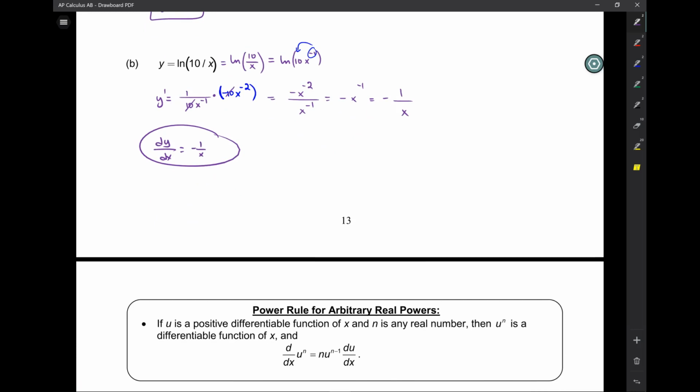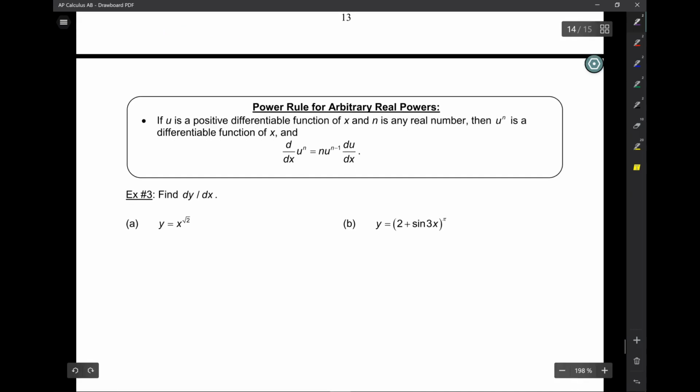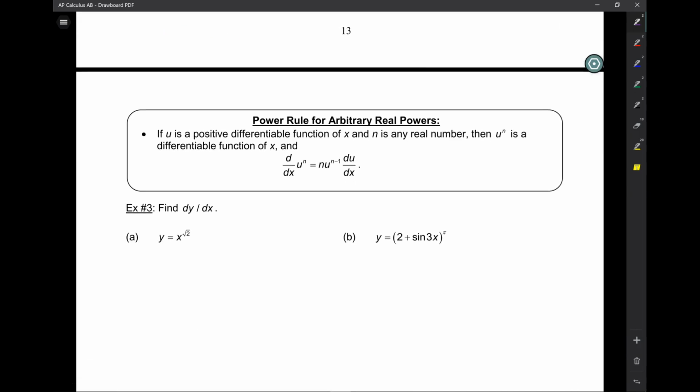Okay? All right. So power rule for arbitrary real powers, right? We're still working with these powers. So if u is a positive differentiable function of x and n is any real number, u to the n is a differentiable function of x.